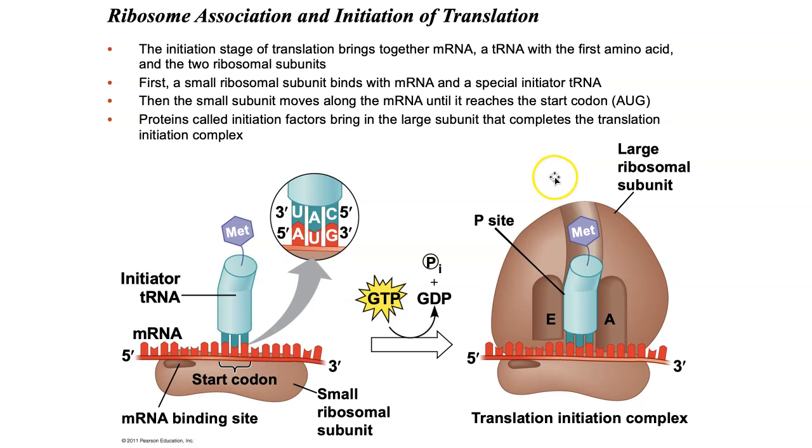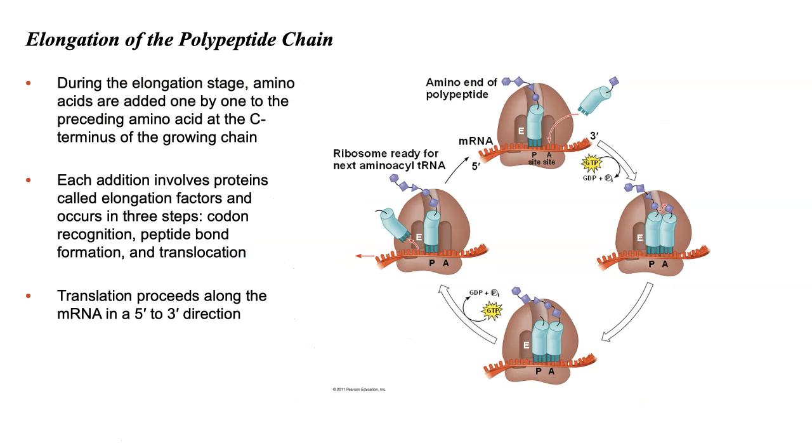Initiation factors are going to bring in this large subunit so that it can connect onto the small subunit and begin. This is called the ribosome association, and this is the initiation for translation. So now what we have to do is we're going to read our mRNA and build that polypeptide. So this is the elongation phase. This is where we're actually building our protein.